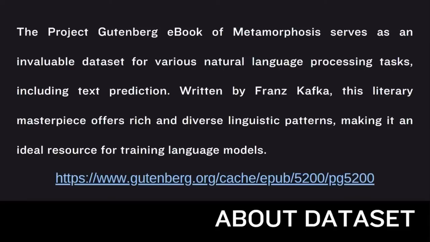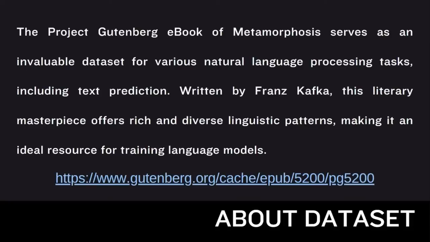It's open source, and we will be utilizing it for text prediction. It was written by Franz Kafka, and this literary masterpiece is free, open source, and offers rich and diverse linguistic patterns, making it an ideal resource for training language models. It is not only used here; it is used in a variety of NLP tasks like training LLMs, and for some other NLP applications it is preferred.